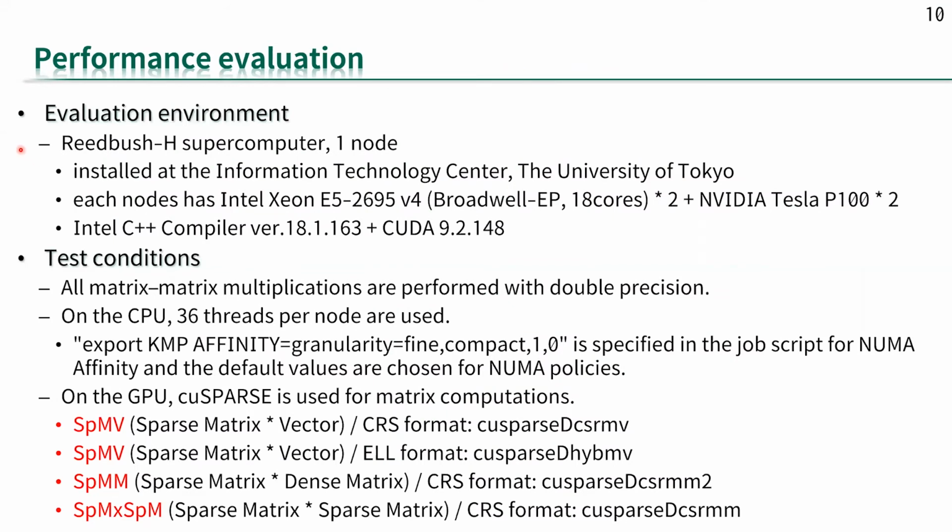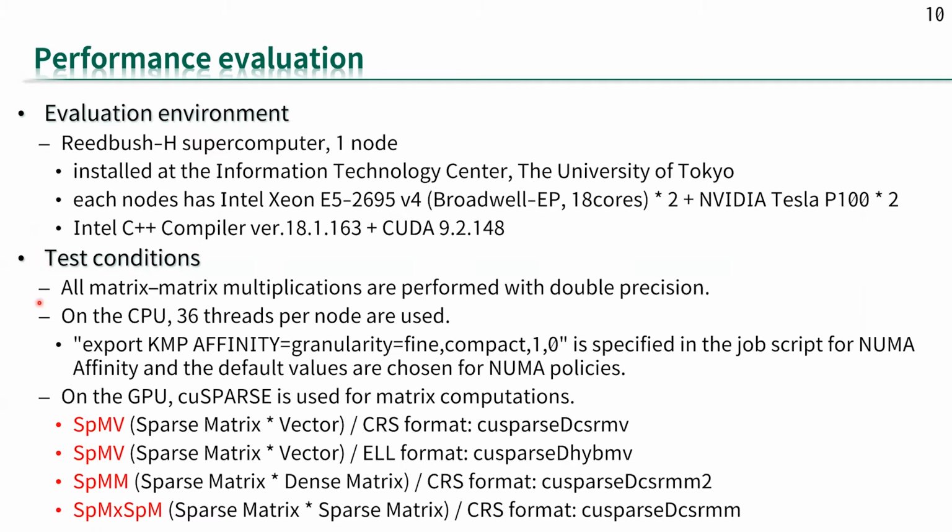I'll show you the performance evaluation. We used the DWH supercomputer system installed at the Information Technology Center, the University of Tokyo. Each node of DWH has 2 Xeon Broadwell-EP CPUs and 2 Pascal GPUs. We used the Intel compiler and CUDA for development.